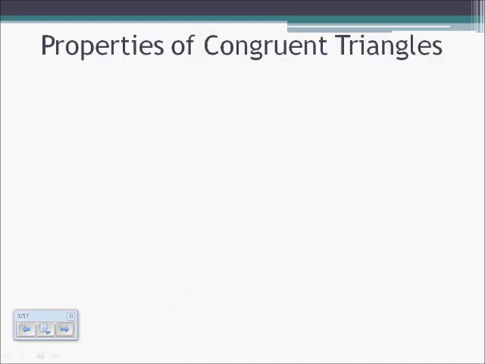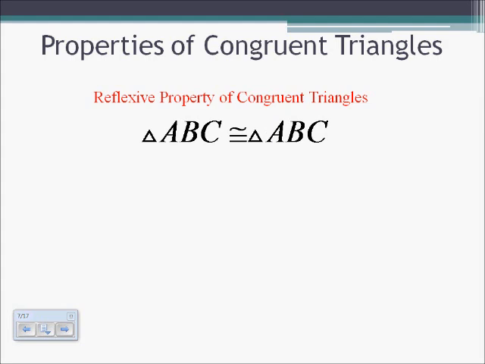Alright, properties of congruent triangles. We do know that things hold true through several different avenues. We have the reflexive property of congruent triangles, just like we had the reflexive property of angles and the reflexive property of segments. So triangle ABC is congruent to triangle ABC.